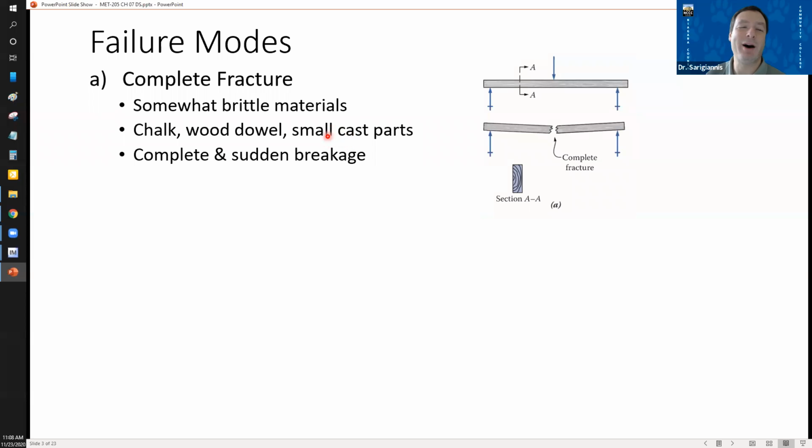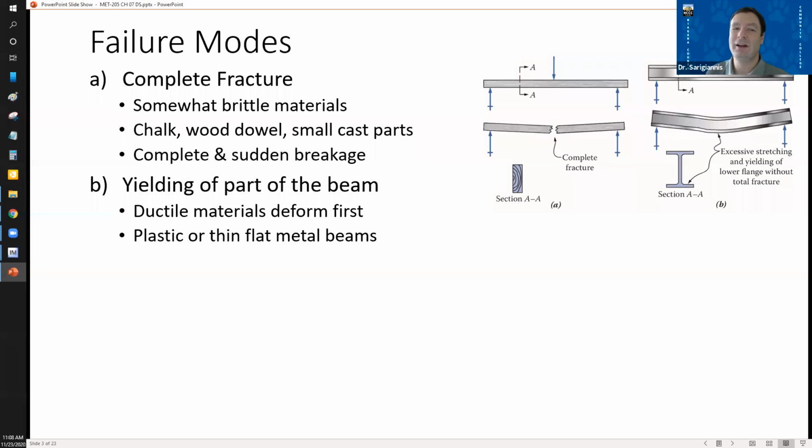Have you ever bought a cheap corkscrew or some kind of part from some cheap metal, and the casting part breaks, and you see this brittle fracture. Complete fracture is typically characterized by sudden and complete breakage.